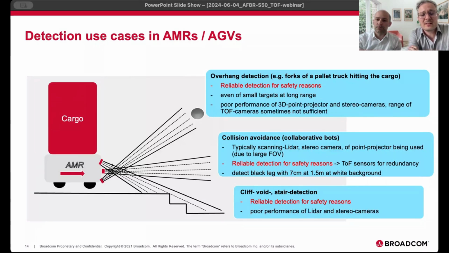What we have seen is that 3D point projectors as well as stereo cameras show poor performance here, and for TOF cameras the range is sometimes not sufficient at all. This is where the TOF sensors with the narrow field of view are really beneficial.